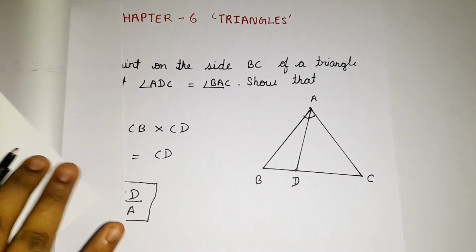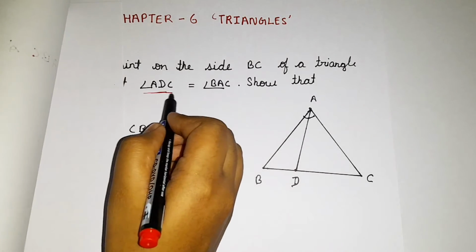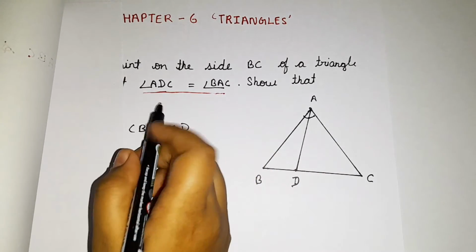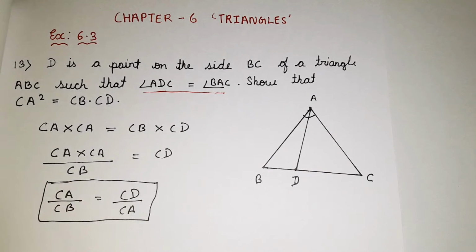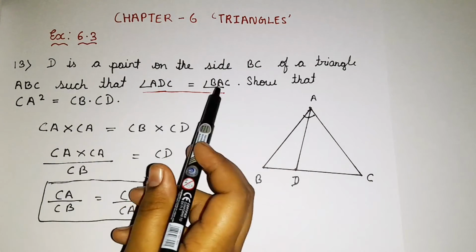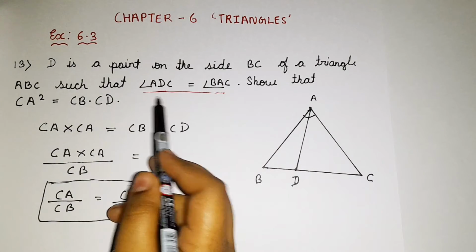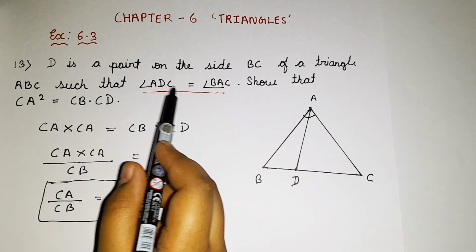According to the question, angle ADC is equal to angle BAC. It is mentioned in the question, so you can see it here. Angle ADC is equal to angle BAC. It is already given in the question, so we can actually use it.